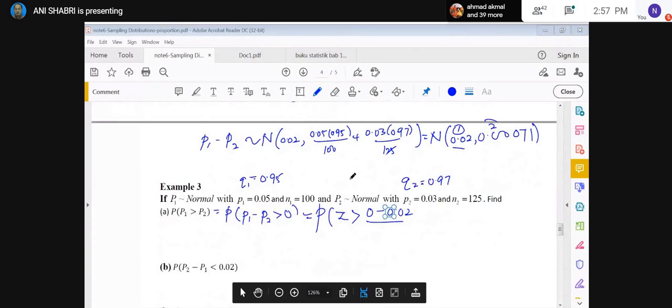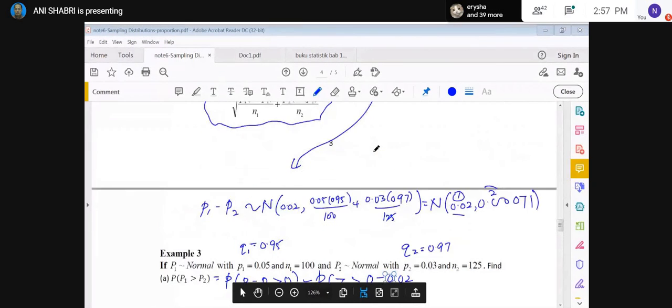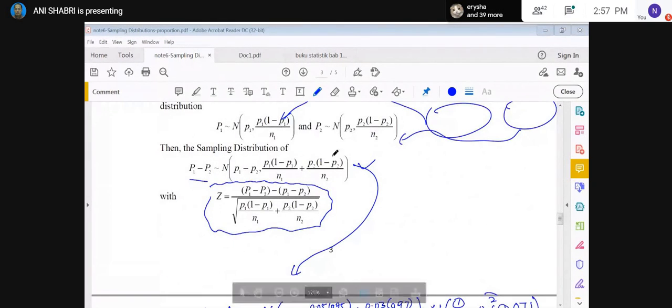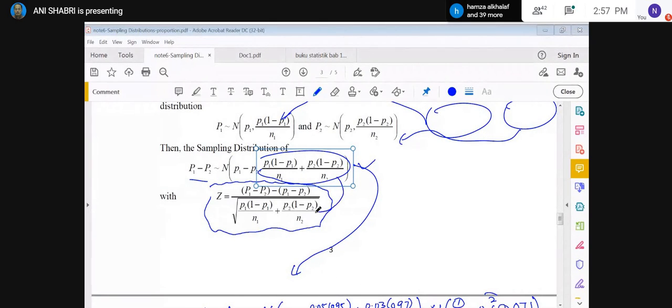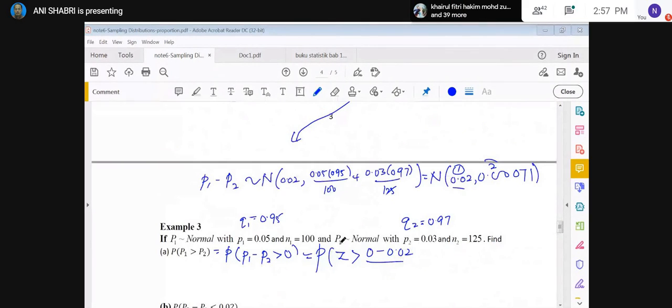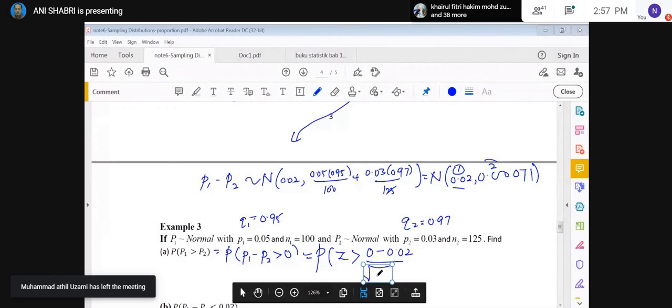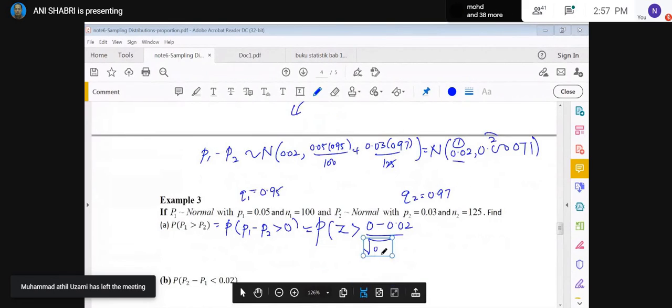We have okay, this one is kalau awak tengok di sini the value this one is same dekat bawah ni sama dengan bawah ni. Jadi kita cuma square rootkan yang dah ada, square rootkan 0.0071.